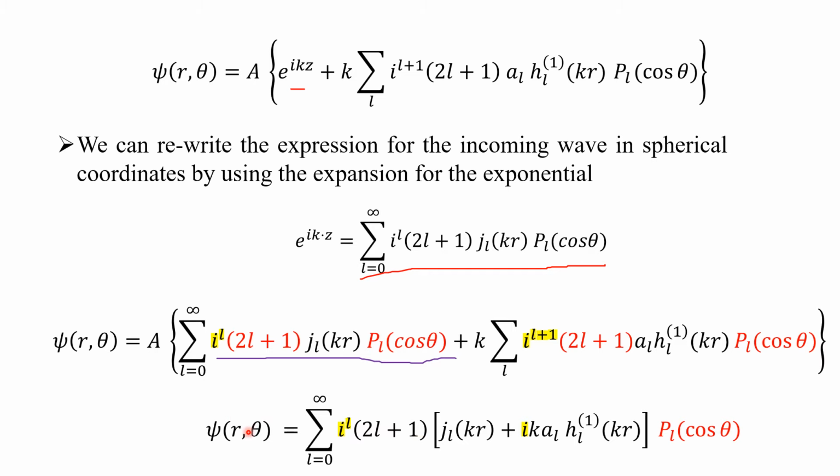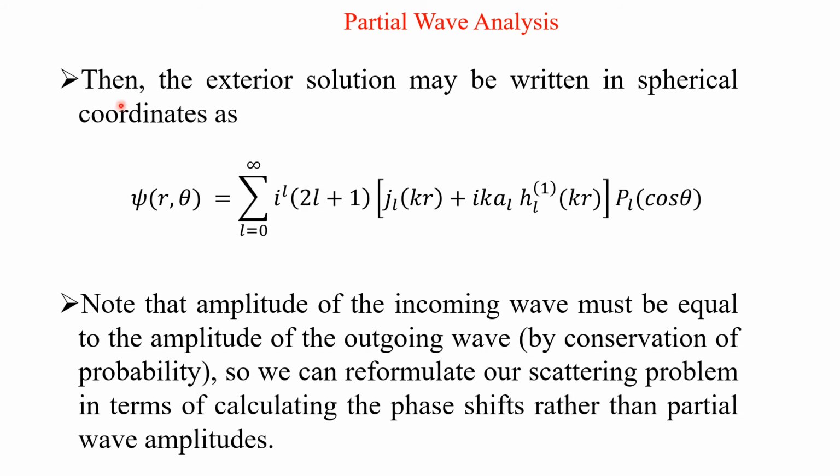So now we have converted everything into spherical coordinates. The exterior solution may be written in spherical coordinates as psi, which is a function of r and theta, equal to summation over l, i power l, 2l plus 1, into [j_l plus ik a_l h_l^(1)] into P_l cos theta.